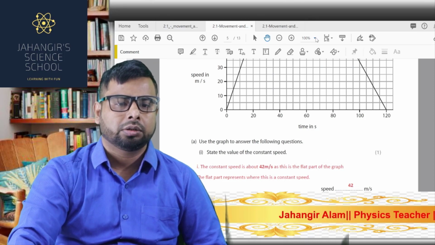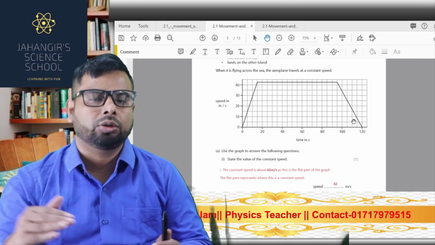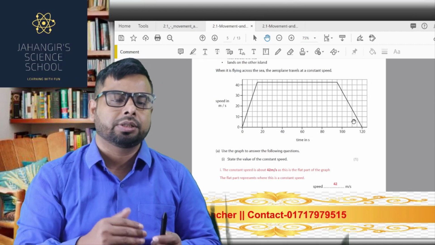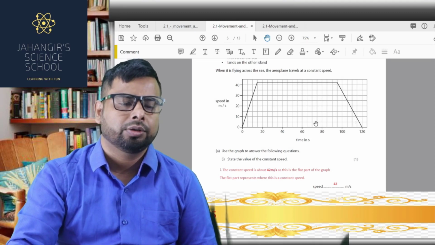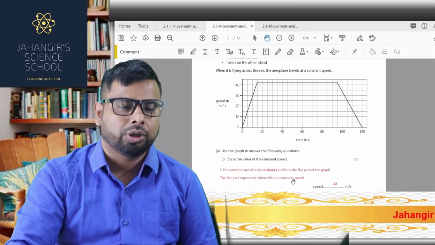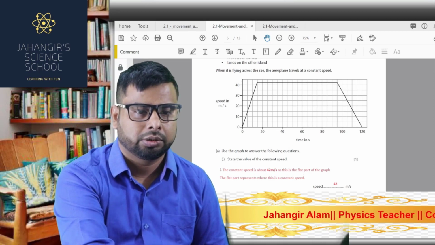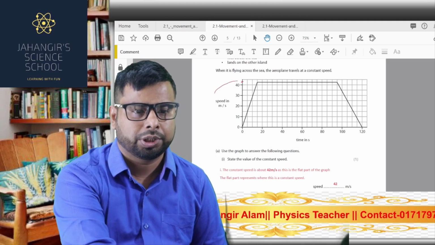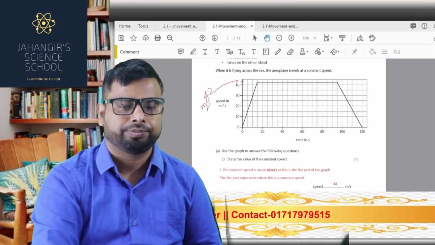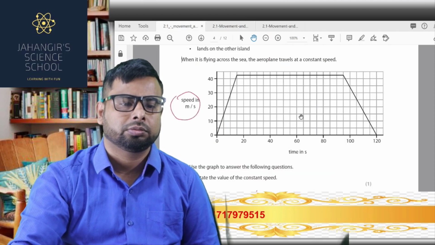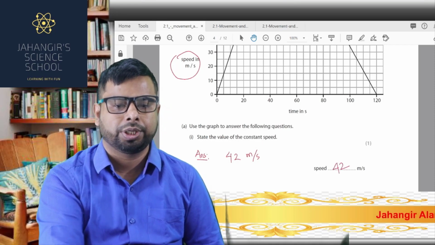When the velocity time graph is horizontal to the time axis, it represents the plane moving with constant velocity for that time. So the answer will be 42 meter per second.